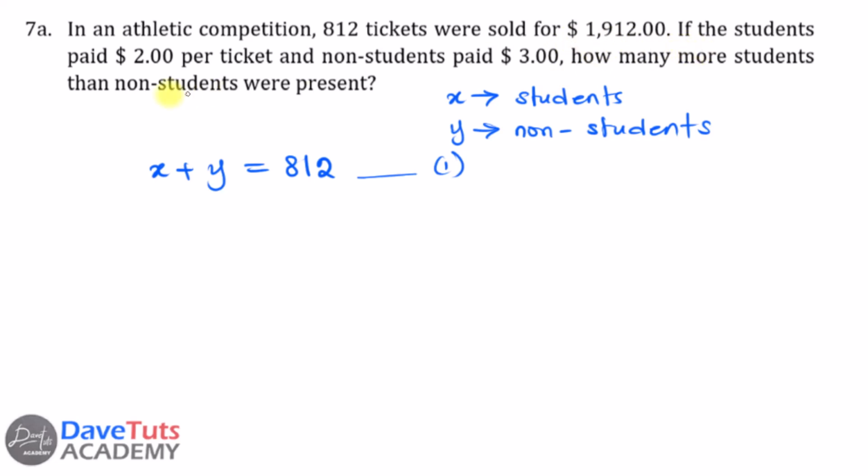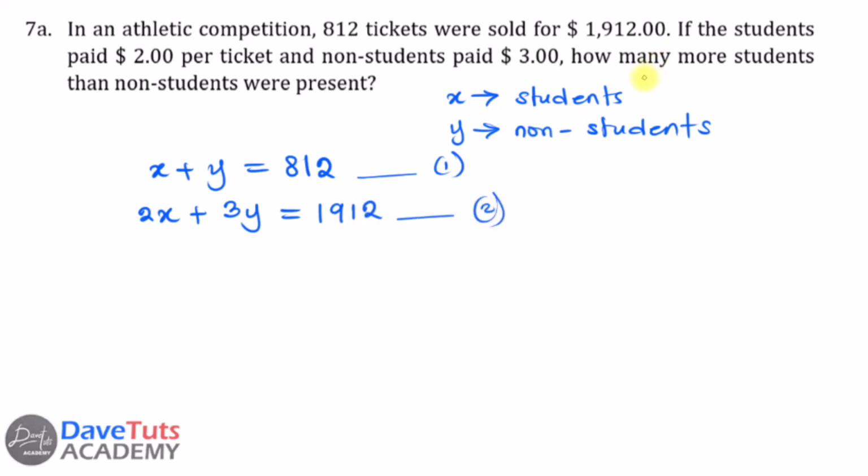There's a breakdown. Students pay $2 per ticket, so x is for students, so 2x is the amount paid for tickets by students, plus non-students paid $3, so plus 3y, that's the amount paid by non-students. The total of that is giving us 1,912, and we can take this as equation 2.